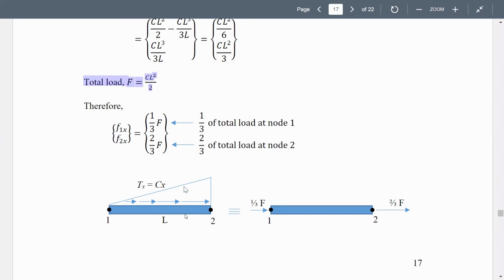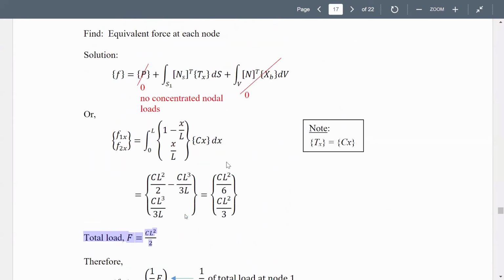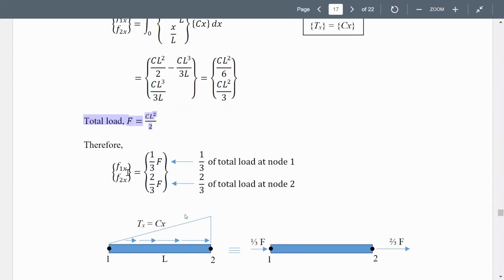So we are given this one, Phi-map very quickly converts it to this one. Now we can work on this because the force is now concentrated at nodes, and then we can proceed with this form. That's how we find the equivalent nodal forces. We use the formula that we derived today, and we find the equivalent nodal forces to be like this. That's what we like to see.